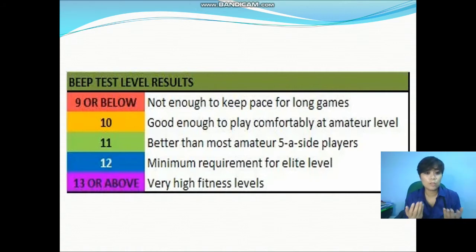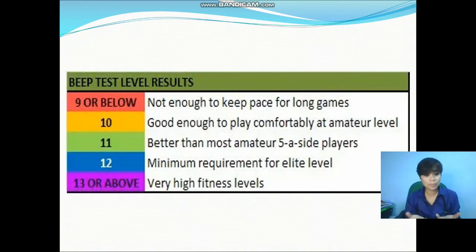If it is level 9 or below, you are not enough to keep pace for long games, meaning that the testee or athlete is not really that fit in terms of cardiovascular endurance, because the beep test is to test cardiovascular fitness.